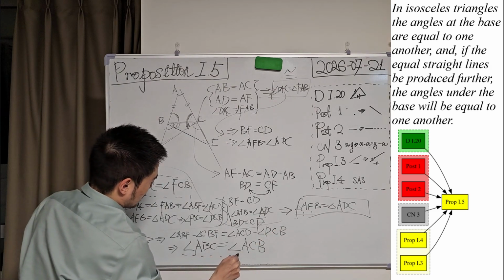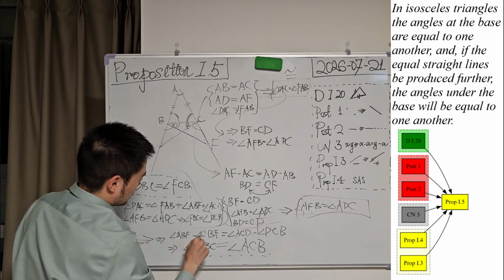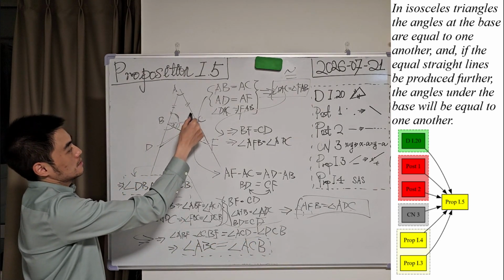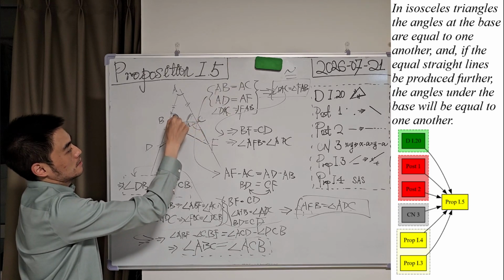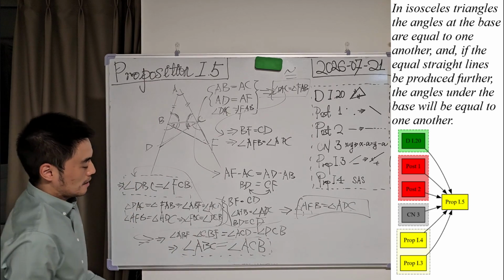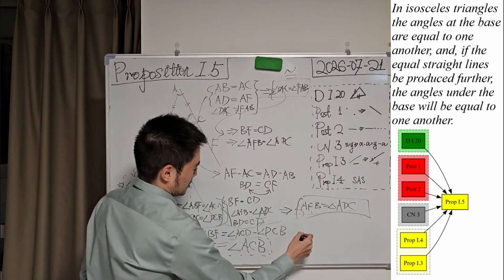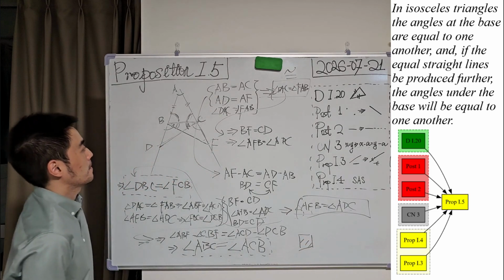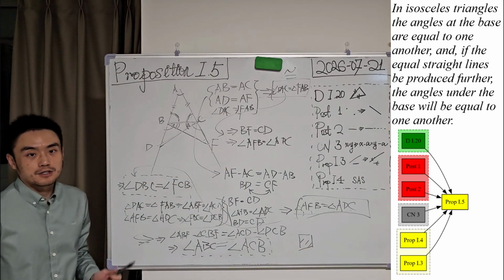So this is another conclusion from proposition 5, which is that the angles on the base are equal. So with these two conclusions, I think we have completed the proof of proposition 5. Great. Thanks for watching. Have a good day.